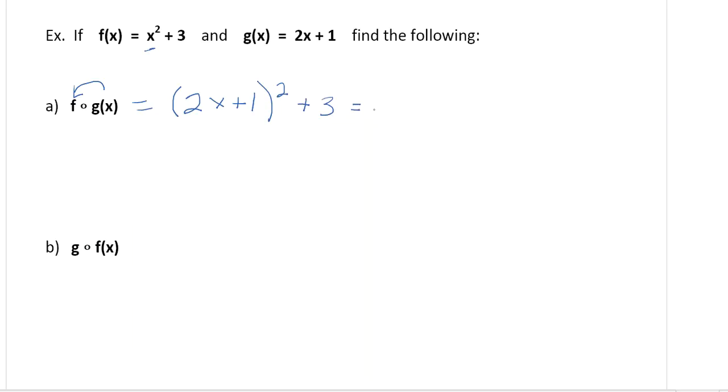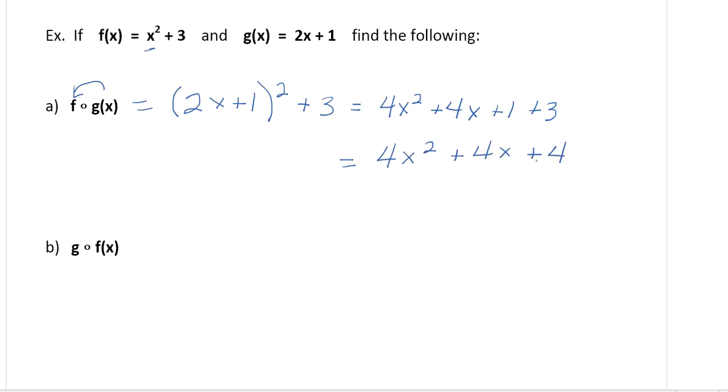So 2x squared is 4x squared, and then I have 2x plus 2x is 4x, and 1 times 1 is 1, and then I have a plus 3. So when I simplify this, just a matter of combining the numbers, I have 4x squared plus 4x plus 4. And that is the function f of g, that is g put inside f.